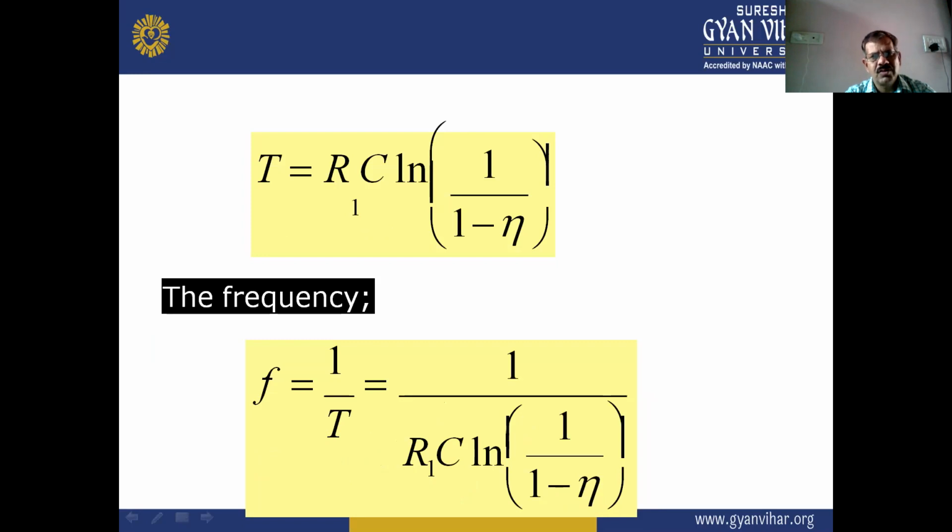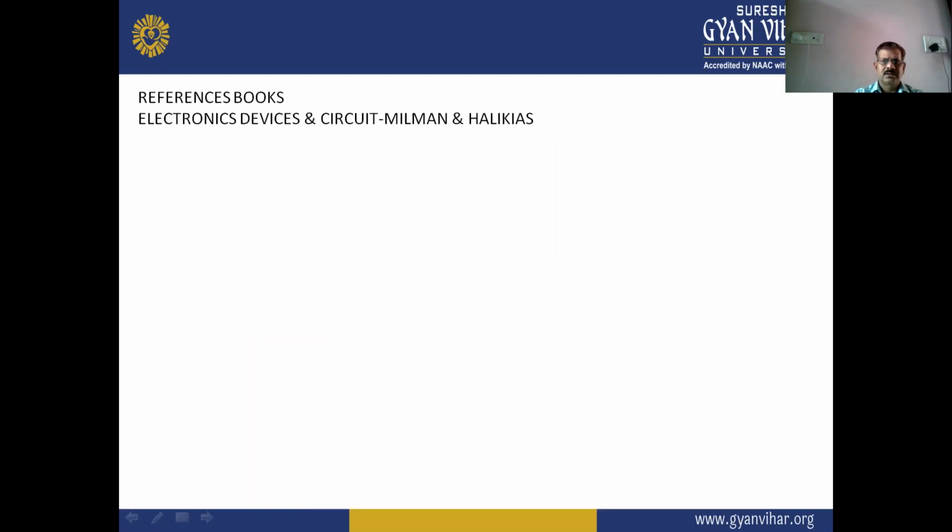So T equals R1 C natural log of 1 upon 1 minus eta. The frequency will be F equals 1 upon T. So F equals 1 upon R1 C natural log of 1 upon 1 minus eta.